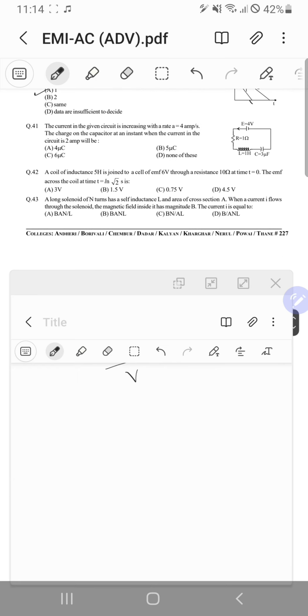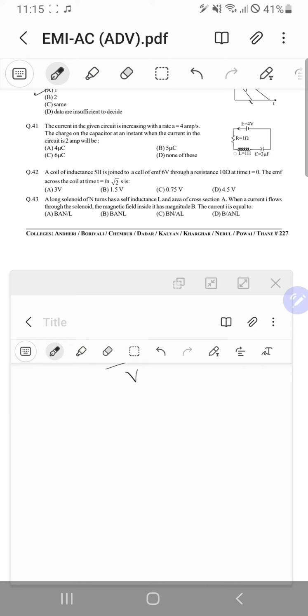Next, the current in the given circuit is increasing at the rate of 4 amps per second. Find the charge on the capacitor at the instant when the current in the circuit is 2 amps. This is bad.